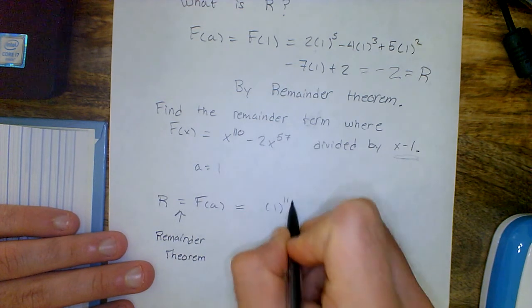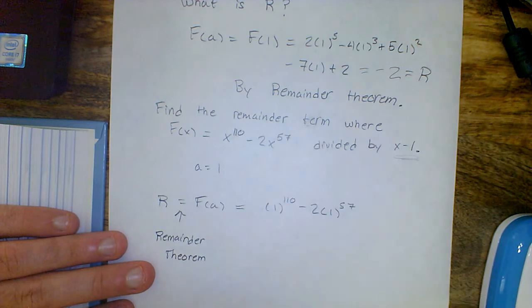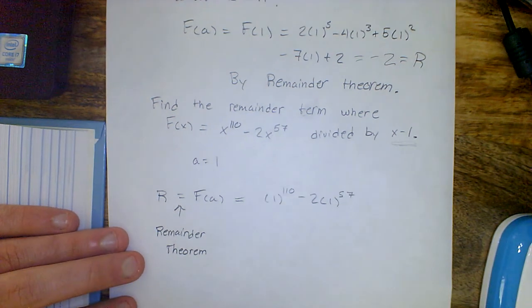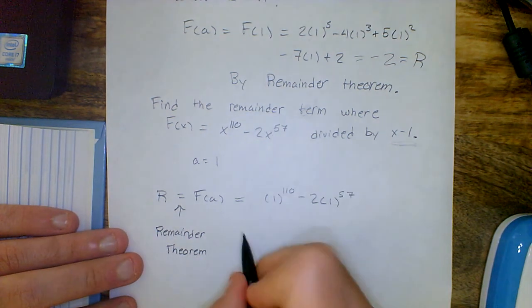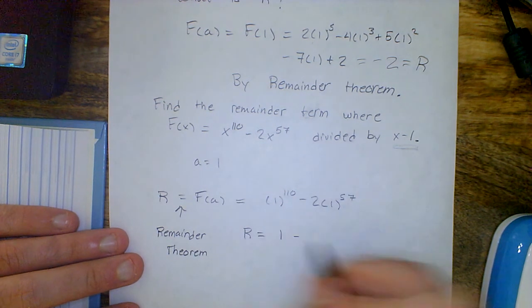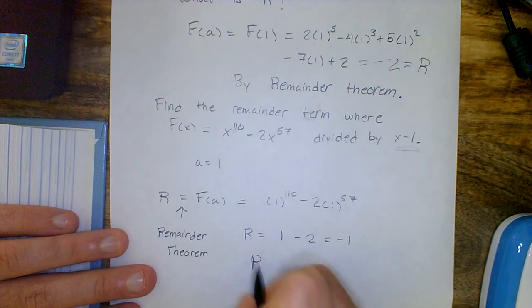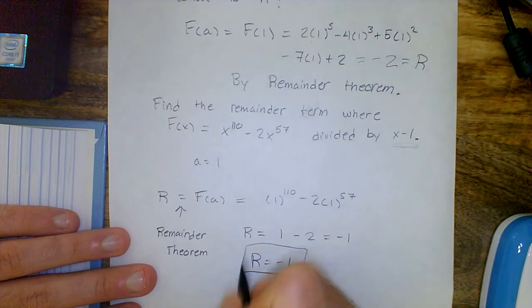So this is equal to 1 to the 110th power minus 2 times 1 to the 57th power. By the remainder theorem, these two are equal. So then r is equal to 1, because 1 to the 110th is just 1, minus 2, which is equal to negative 1.